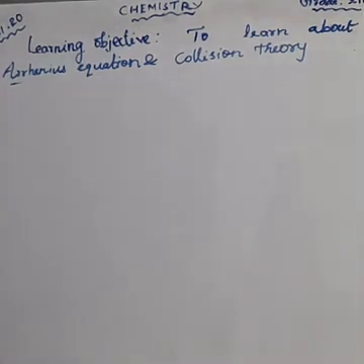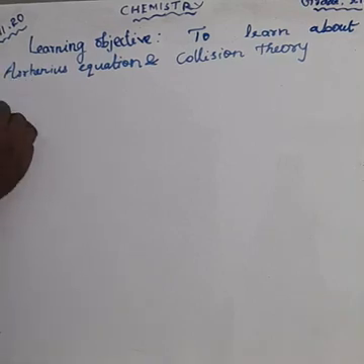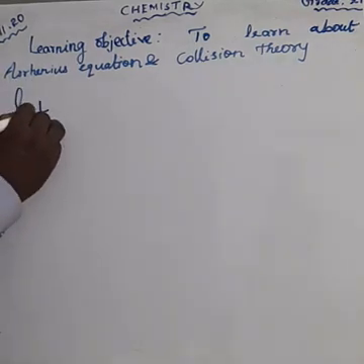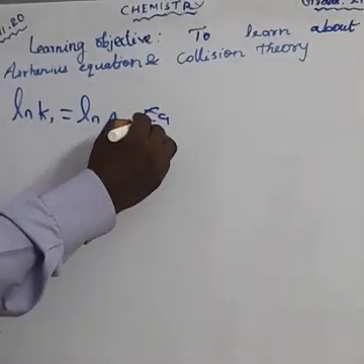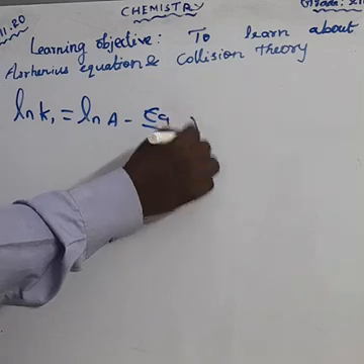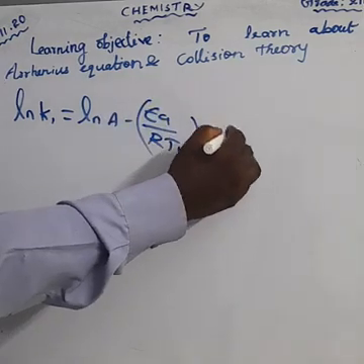From equation 2, ln K1 is equal to ln A minus EA by RT1. This is equation number 3.